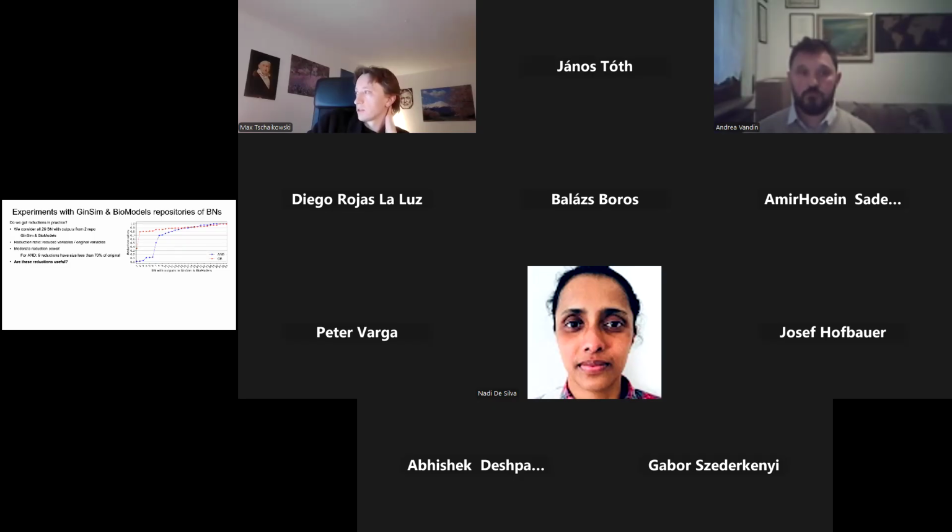Here you have numbers, which are essentially the labels of the models. Those models have specific names from these databases, but we just enumerate them and then sort with respect to the reduction ratio. A reduction ratio of 0.1 means that we reduced from 100% of the original size to 10%.